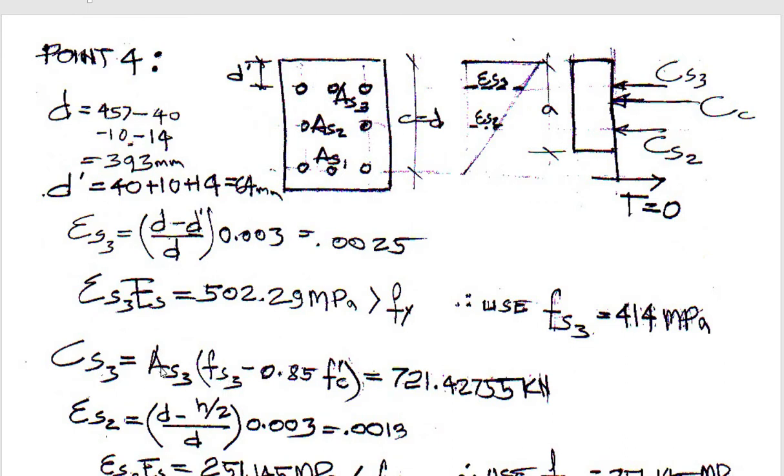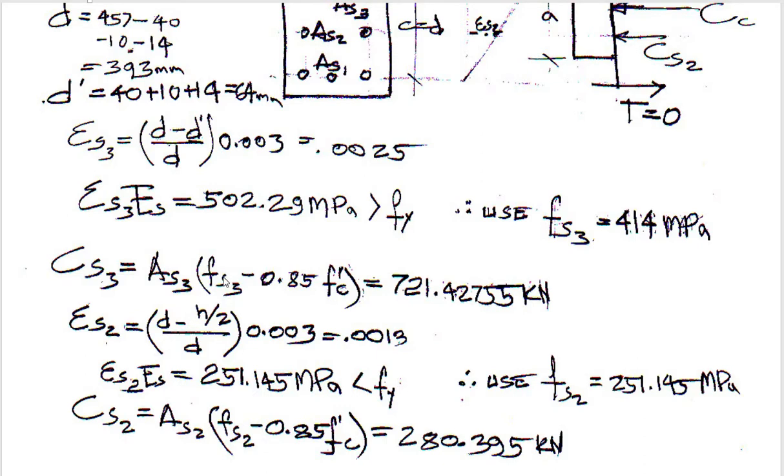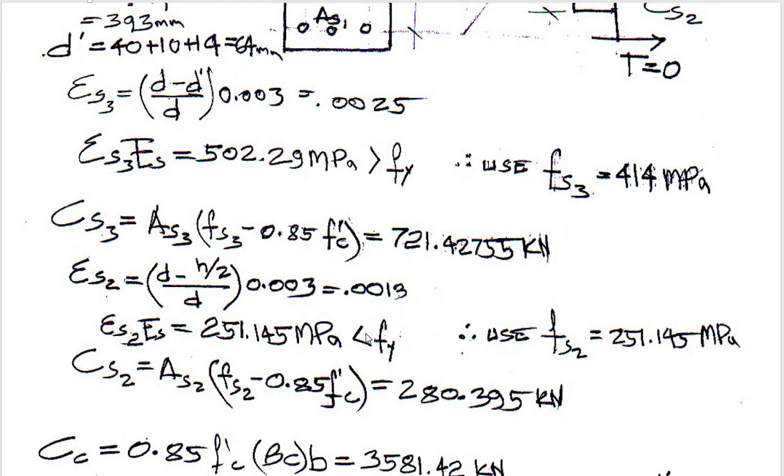Strain in steel 3 multiplied by Fs3 minus 0.85 f'c, this is 721. Remember, this is 414. And then, strain in steel 2, the same principle as in ratio and proportion, is equal to 0.0013. And then, you always check. Fs2 is equal to strain multiplied by elasticity. So, 251.